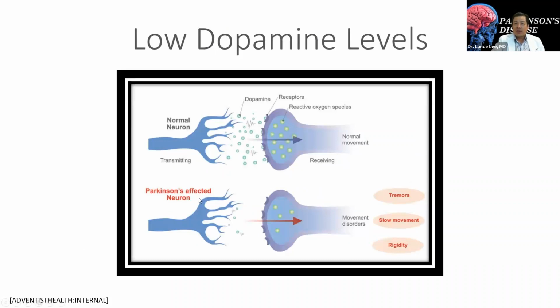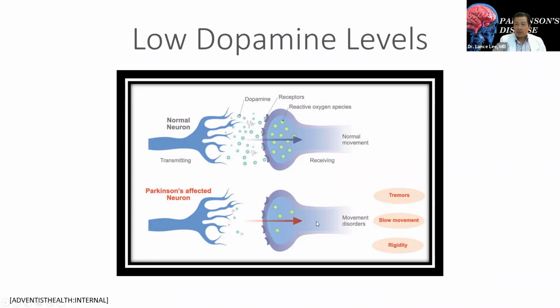What is happening here is that your dopamine neurons are releasing the neurotransmitter dopamine to the receptors. The top is a normal transmission that we're showing, and at the bottom is the Parkinson's case, where we're sending less neurotransmitter, which is dopamine, to the other part of the cell here, the receptors, so that these can function.